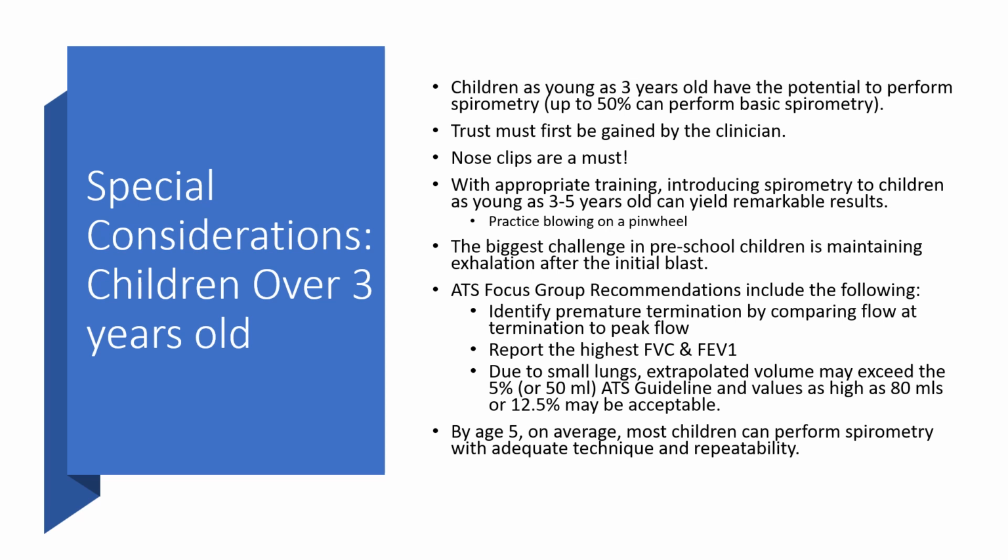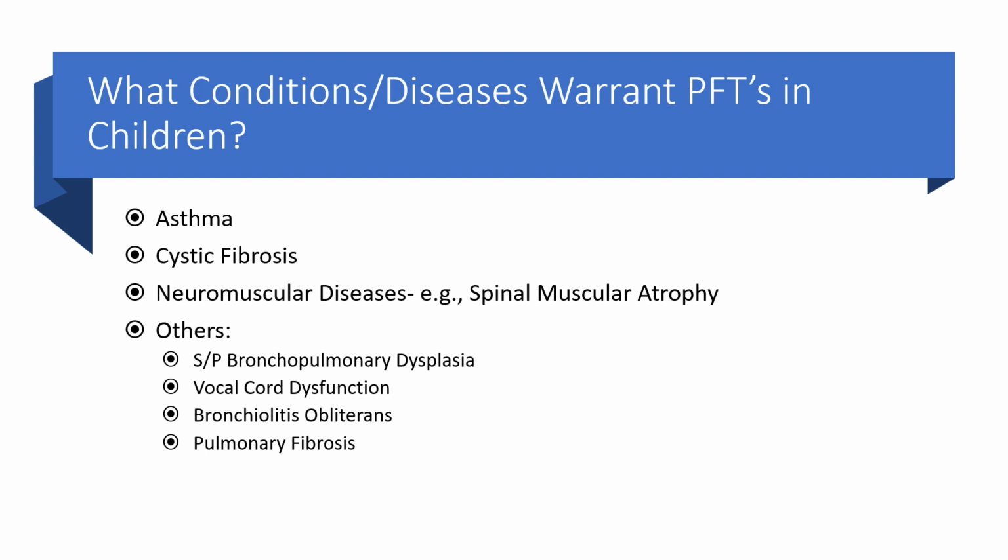Now, by age 5, on average, most children can perform spirometry with adequate technique and repeatability. So regarding conditions or diseases which warrant PFT, this complements the slide on indications, but it gets a little more specific. Asthma, cystic fibrosis, certain neuromuscular diseases in this population, in particular SMA or spinal muscular atrophy, but we could argue that diseases like muscular dystrophy and other similar diseases can also warrant doing serial pulmonary function tests.